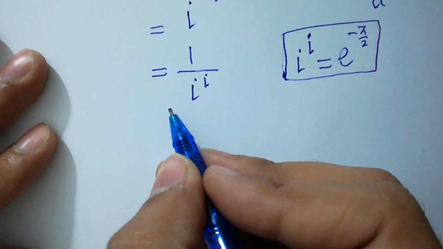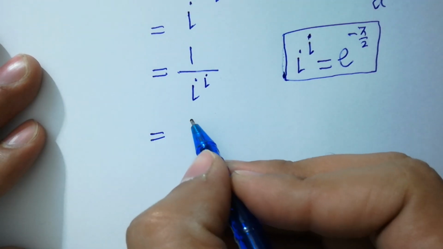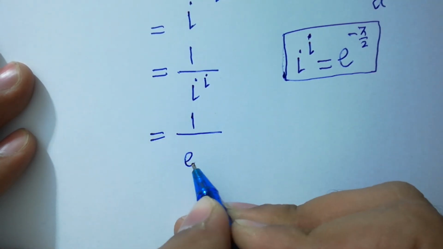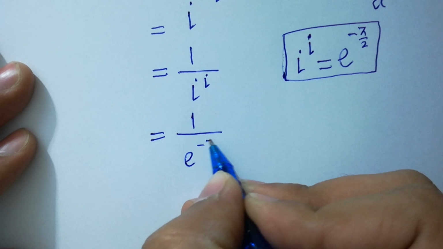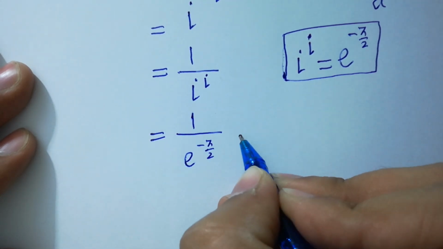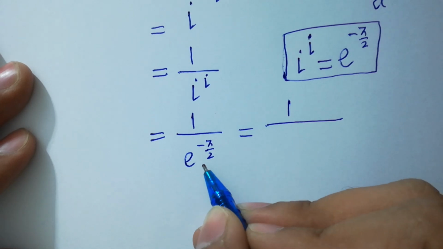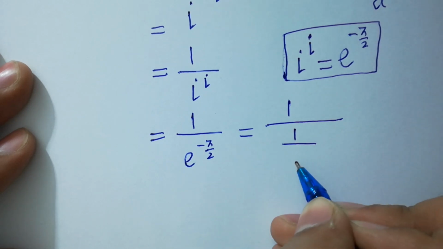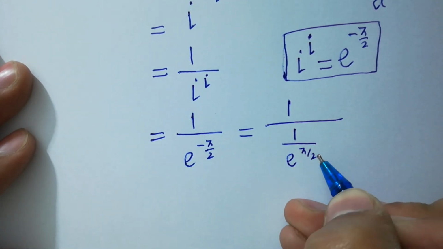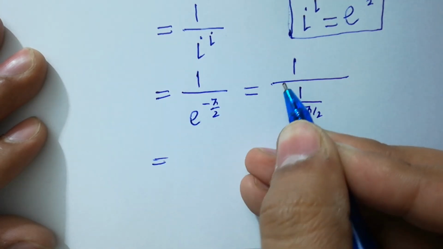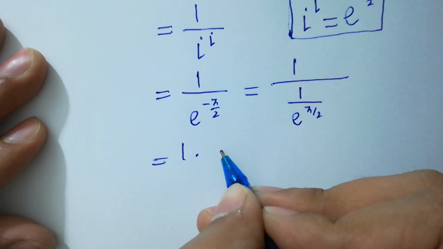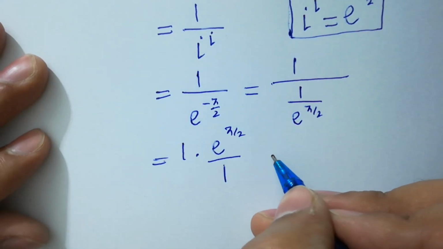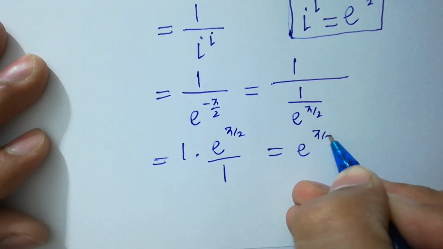So it will be equal to 1 over e to the power minus pi over 2, equal to 1 over e to the power pi over 2... 1 times e to the power pi by 2 over 1, which is equal to e to the power pi over 2.